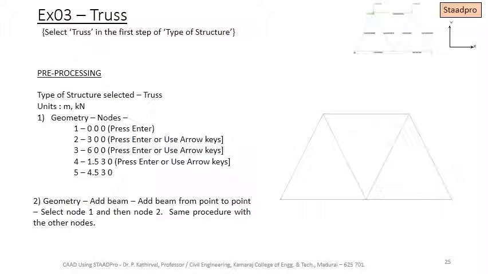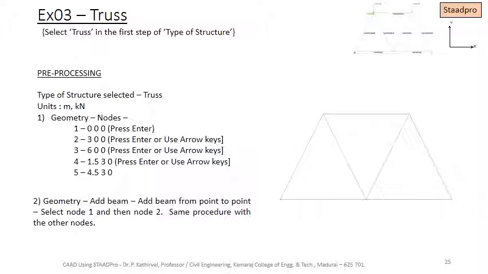So the first step, as usual, it is geometry, nodes. The first node is given as the origin 0, 0, 0. The second node is 3, 0, 0. Third one 6, 0, 0. So 2 bay, so 3 meters each. The fourth node at the top is 1.5 meter in the x-axis and 3 meters in the y-axis, Z0. Fifth node is 4.5, 3, 0.